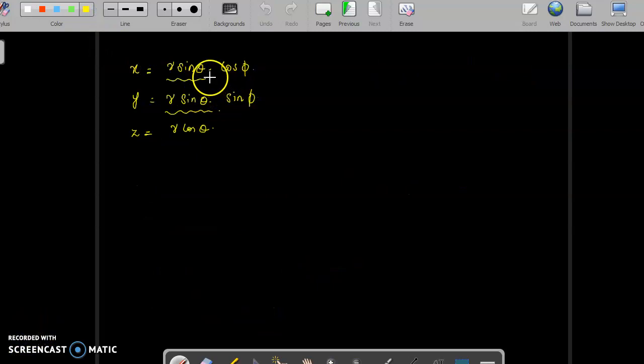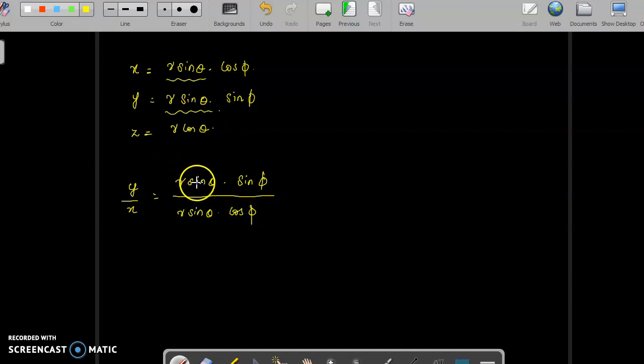Now let us find the value of phi. So I am going to divide y by x. So y is r sine theta sine phi, upon x, which is r sine theta cos phi. So there are common terms in the numerator and denominator. Sine phi by cos phi becomes tan phi.